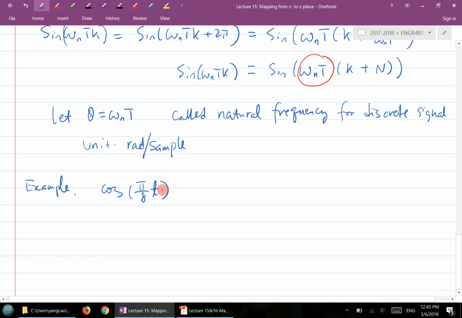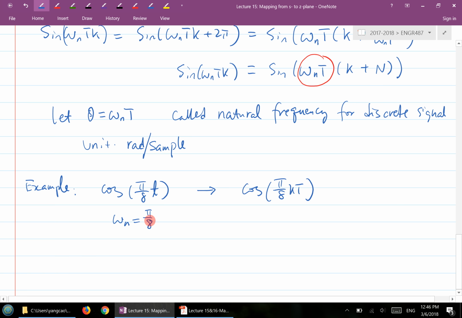We're going to sample this signal, and that gives us the discrete signal cosine of pi over 8 times k times the sampling time, where k is a sequence. In this particular case, my omega n equals pi over 8.